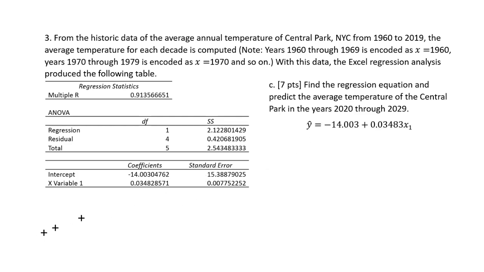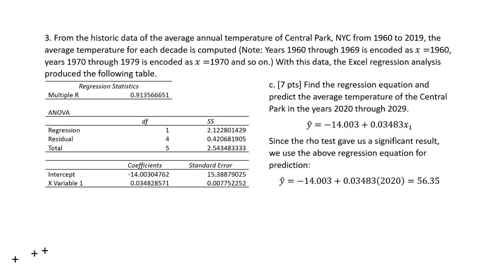And so if you use this y hat equal to b0 plus b1 times x1, this is the linear regression equation that you get. Okay. Now, since the test we had in part A was significant, we may use this to predict the temperature in 2020.